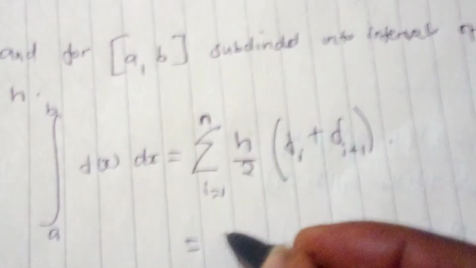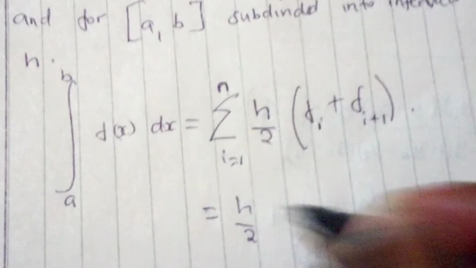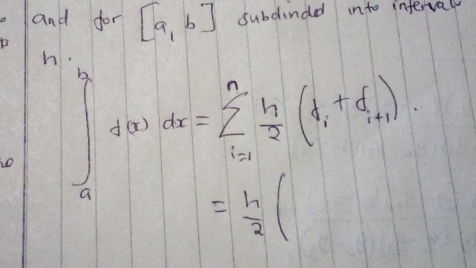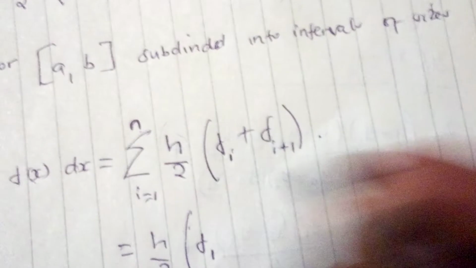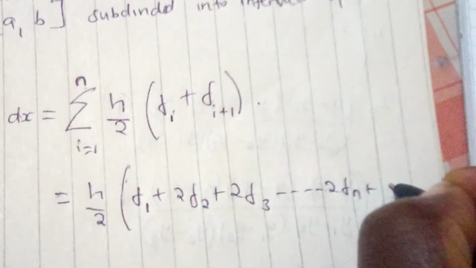Then we have h over 2. Of course, these subintervals have values. So the values are f_1 plus 2 f_2 plus 2 f_3, then 2 f_n plus f_{n+1}.